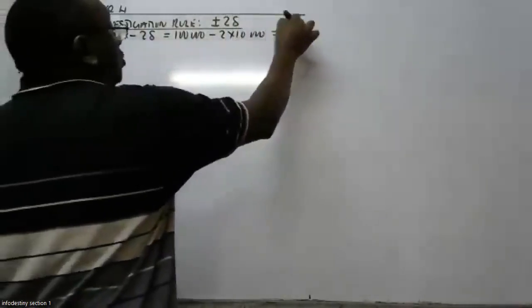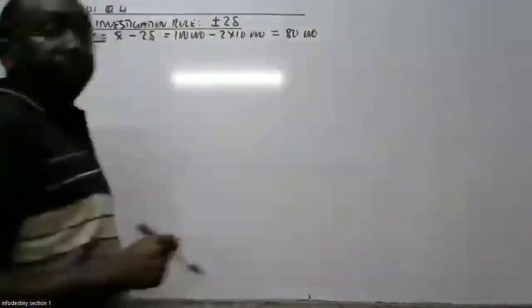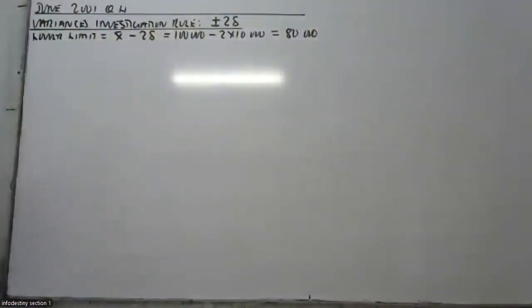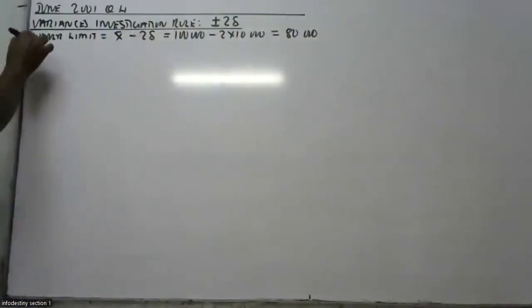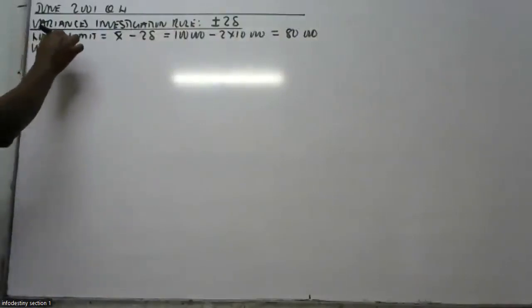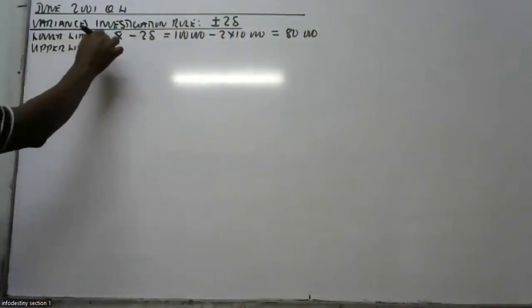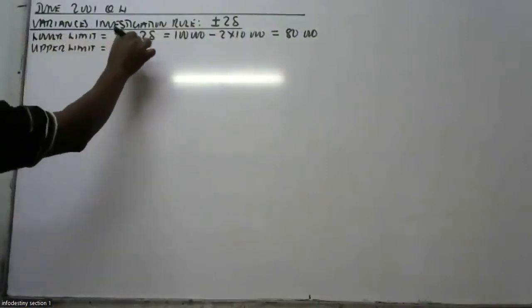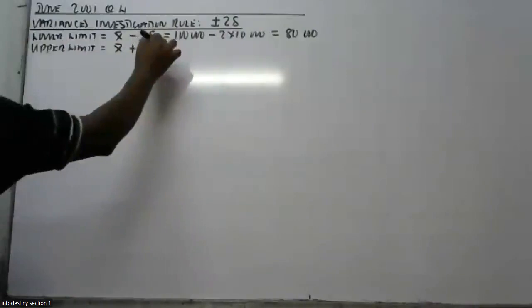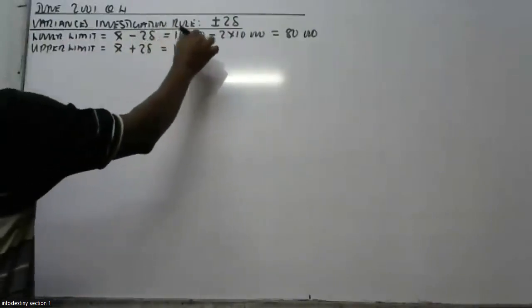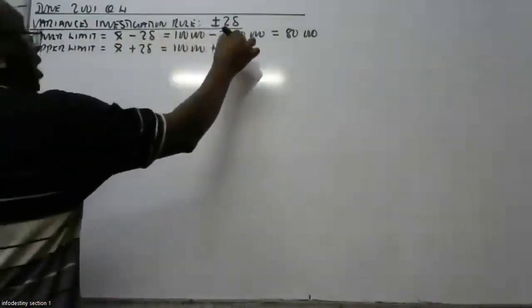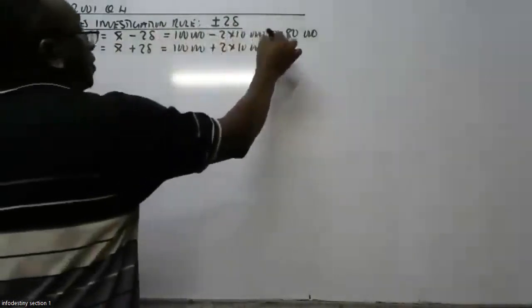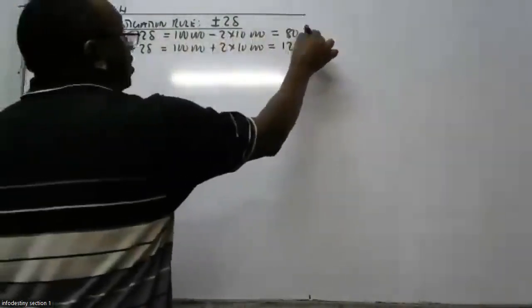So that gives you 80,000. The upper limit is x bar plus 2 standard deviations. So this would be 100,000 plus 2 times 10,000. That is 120,000.